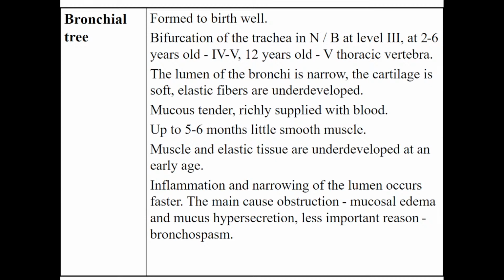Muscle and elastic tissue are underdeveloped at an early age. Inflammation and narrowing of the lumen occur faster. The main cause of obstruction is mucosal edema and mucus hypersecretion. A less important reason is bronchospasm.